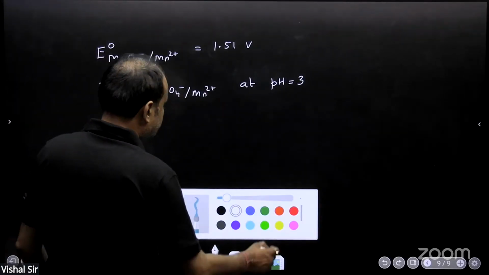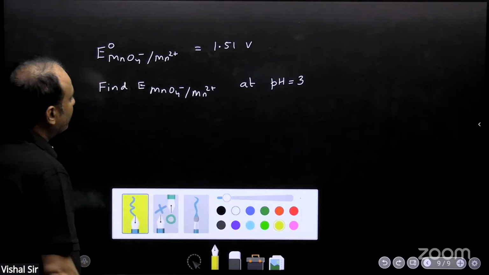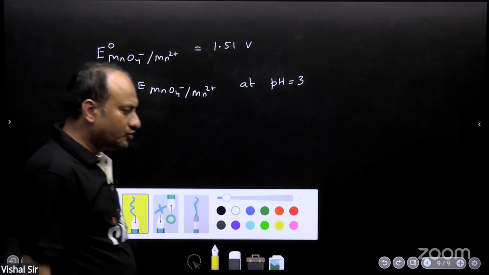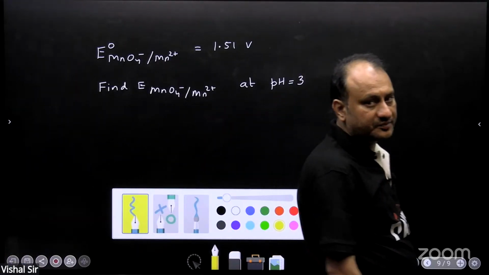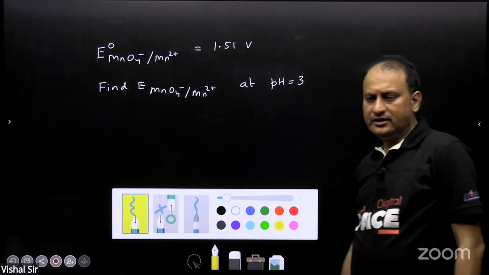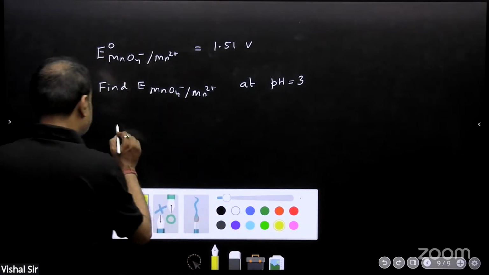So here, if we write the reduction reaction, in MnO4 minus, oxidation state of manganese is +7. And in Mn2 plus, oxidation state is +2. We have to write a reduction format. So higher oxidation state to lower oxidation state.